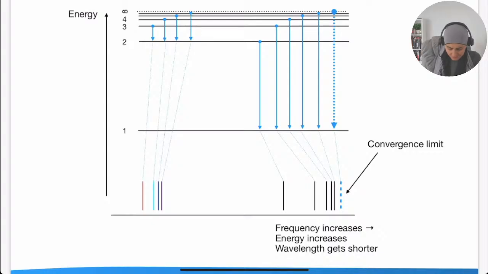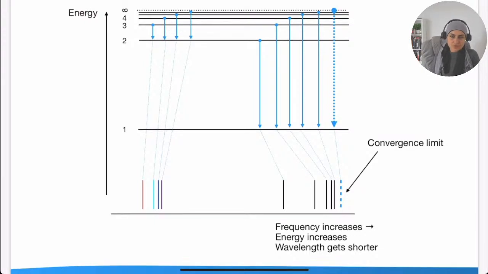I forgot to tell you about the convergence limit. One more thing we need to know about the spectrum is that after some frequency you will stop seeing lines. After this frequency there are no more lines detected, and this is called the convergence limit. The convergence limit shows you basically the energy that is needed to remove an electron from an atom. If you supplied voltage, the electron jumps to a higher energy level.